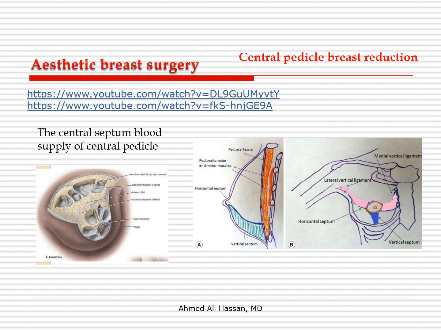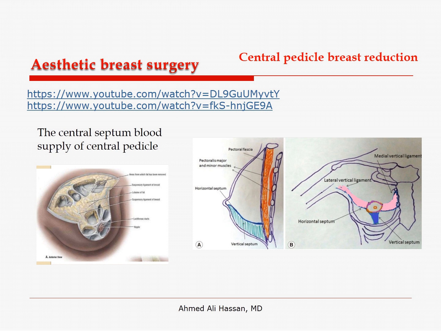So the central pedicle of the breast is supplied through vessels running through the central septum of the breast. The central pedicle, or central pillar, or central septum, is mainly supplied by the intercostal perforators of the internal thoracic artery, branches of the lateral thoracic artery, and an important perforator branch from the thoracoacromial artery.